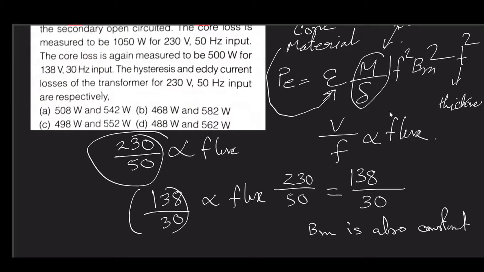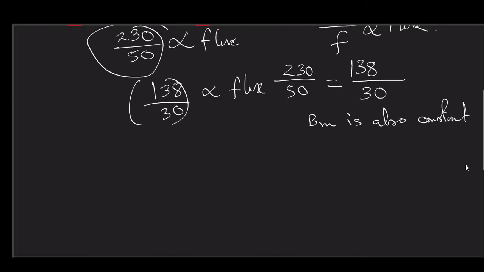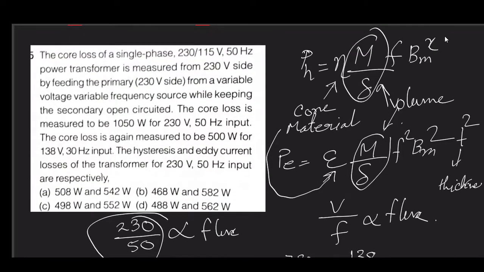If Bm is constant, then we don't have to think about the value of x, because a constant to the power of something will also result in a constant, and for a given material x is constant, so Bm to the power x will also be constant. So if we keep Bm constant, then we lead to a very interesting formula.